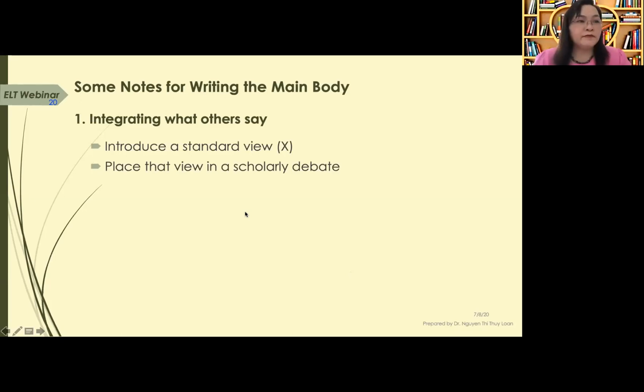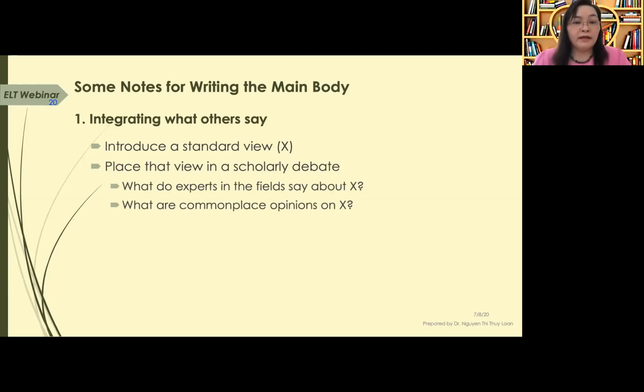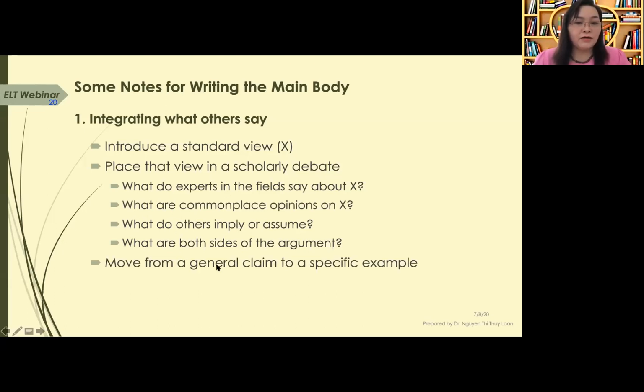How do you place the view in the debate? You have to introduce what experts, what previous researchers say about this, and what common view they share about this, and then what the others who are against this say, and what the two sides of the argument are. In order to do that, you are moving from general to specific example. General means the statement, the claim, the view you just mentioned.